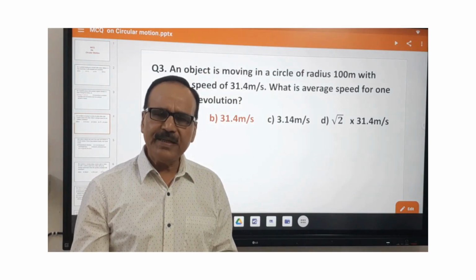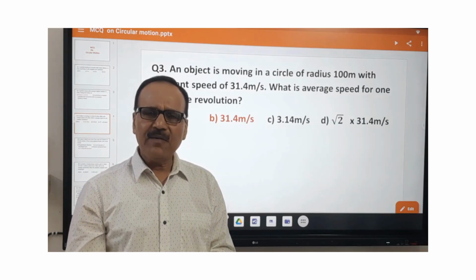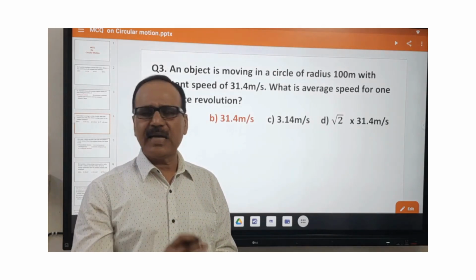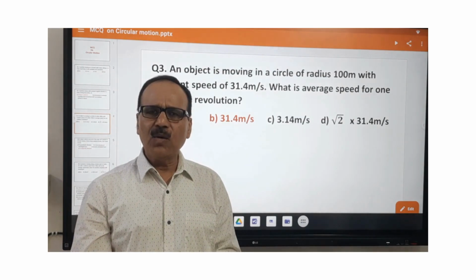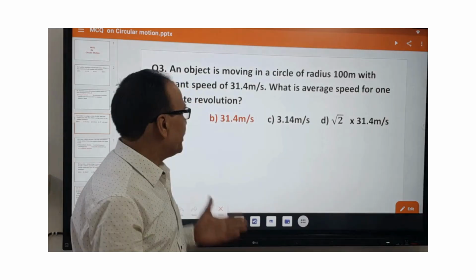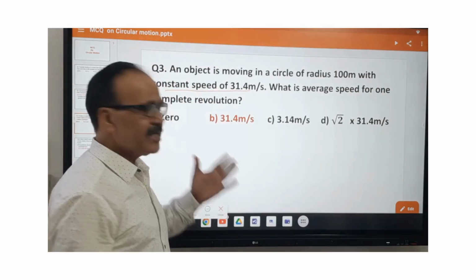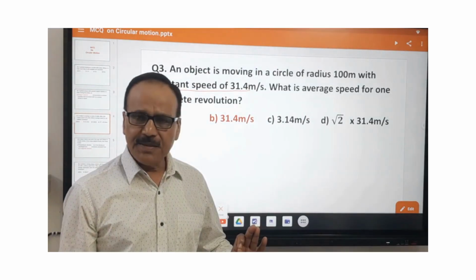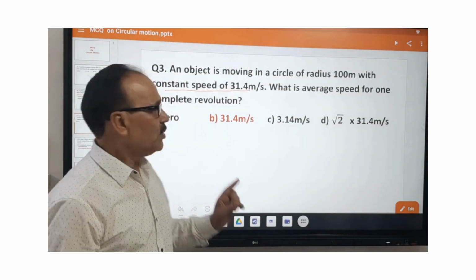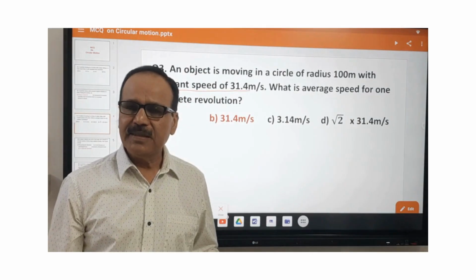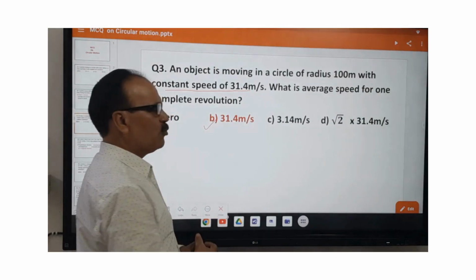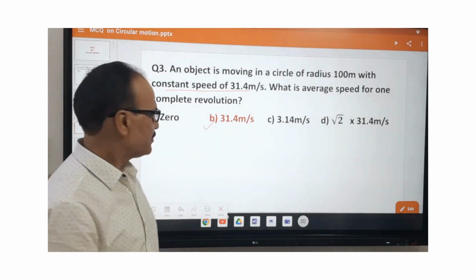Whenever the speed is constant, the average speed calculated for any time duration will come out equal to the given speed. When speed is constant in any type of motion, the average speed will be equal to the given constant speed. So our answer is 31.4 meter per second.